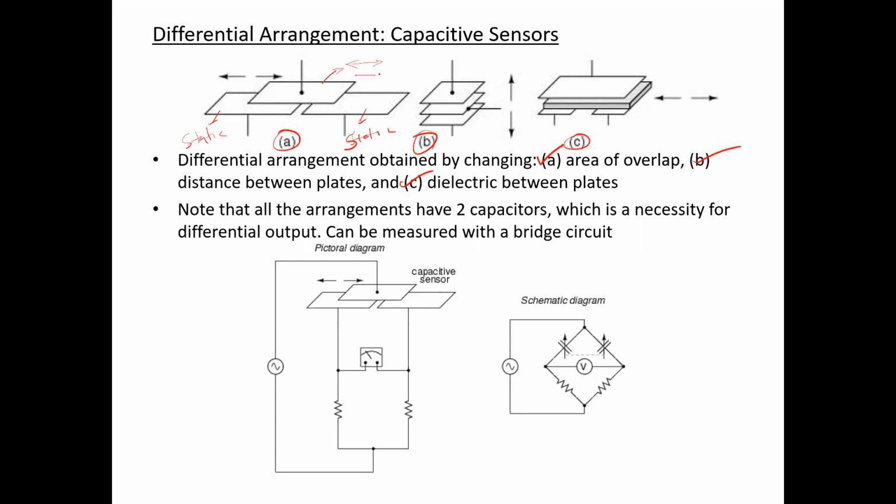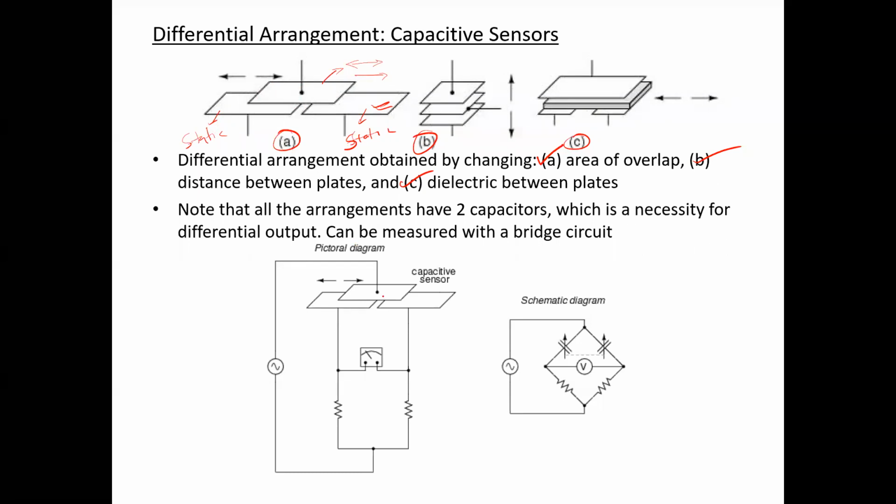If it is moving to the right, the area of overlap with this static plate will increase, so the capacitance will also increase. Similarly, if it is moved to the left, the capacitance developed with the other static plate will increase. And if it is located at a null point where both the static plates have equal overlapping area, the capacitance values will be equal.